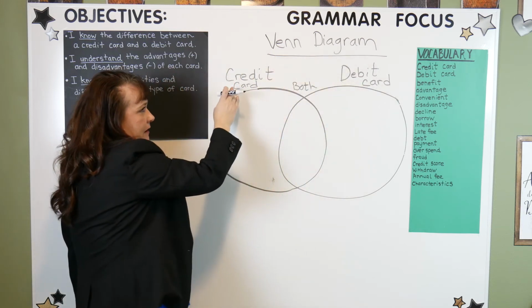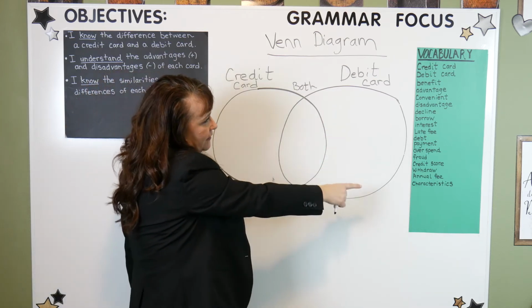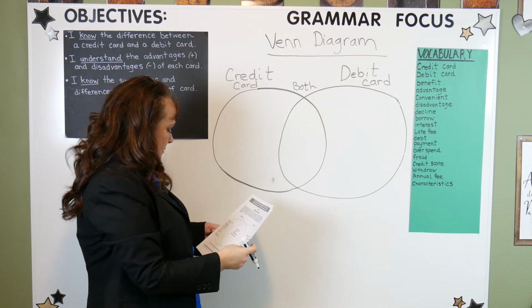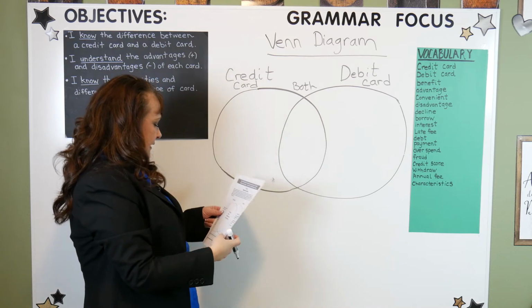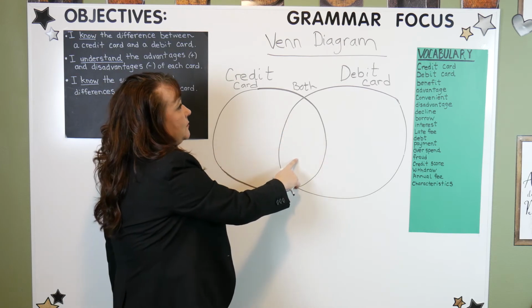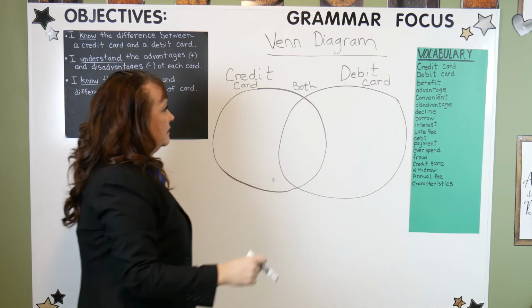and a credit card. I'm going to be using some of the vocabulary, so you might want to review what some of those words mean. But let's start with the things that are the same between a credit card and a debit card.